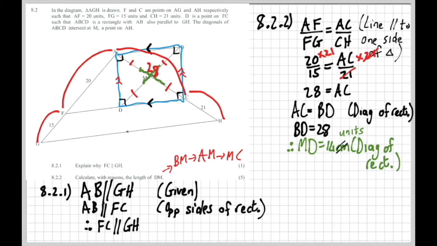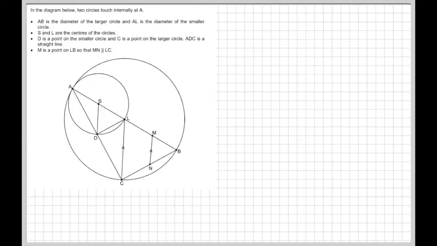My next question was found in an IEB paper. Now, before I actually look at the question, I'm just going to look at the info and run through this. I encourage you to hit the pause button and try this question yourself before you look at the way I interpret this one.